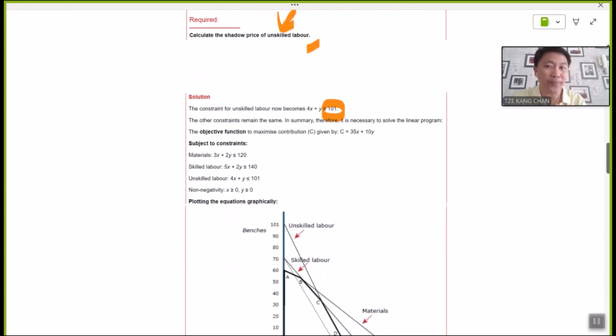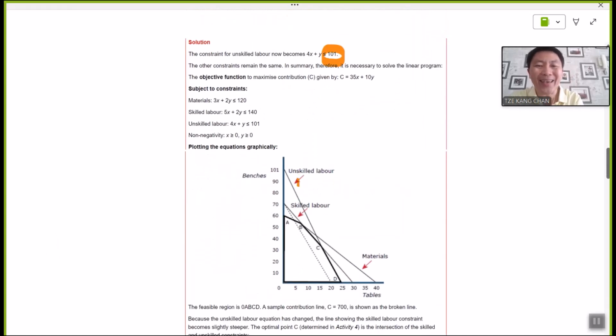With this revision, that will depict a revised diagram as below, particularly the position of the unskilled labour function moved a little bit outwards towards the outer region. As such, that would enlarge the size of the feasible region marginally.